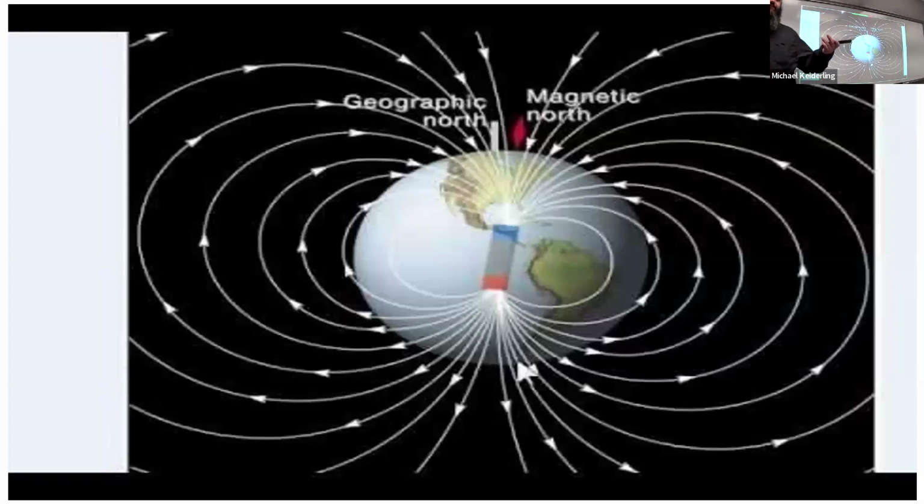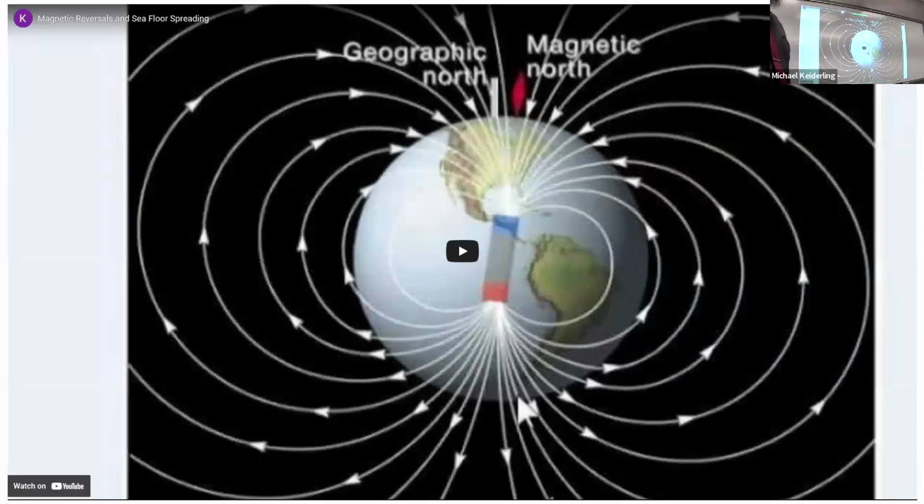So the poles of the Earth reverse every hundreds of thousands to millions of years. Because the magnetic field of the Earth is caused by currents in the liquid core, those currents can end up getting knotted up and changing direction, basically.